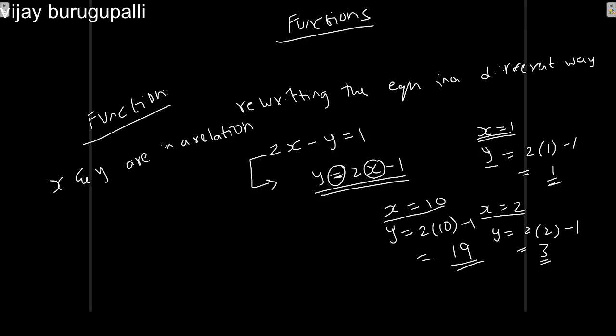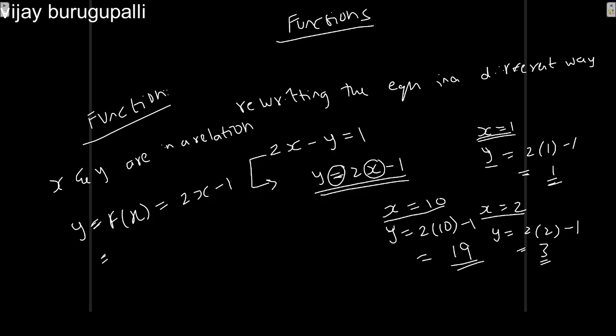Now I will define this relation between x and y using a function f of x, which is equal to 2x minus 1, where the value of f of x is equal to y.